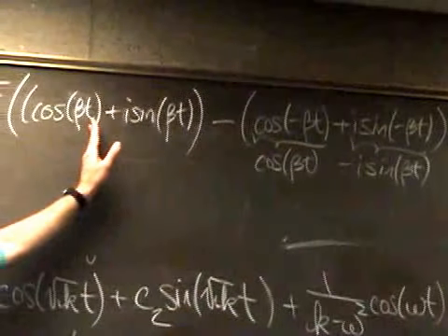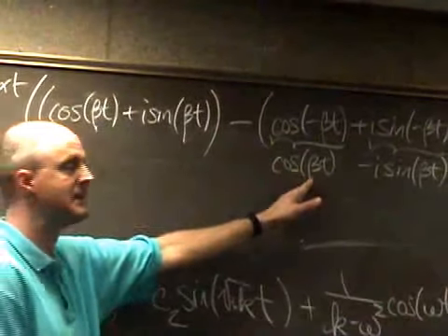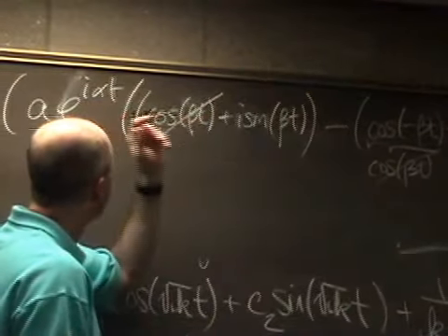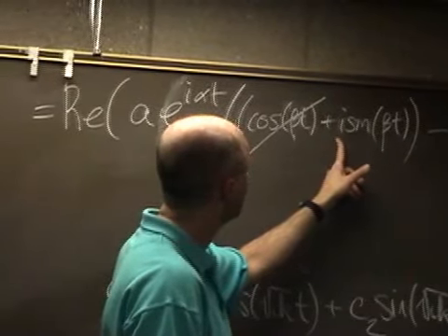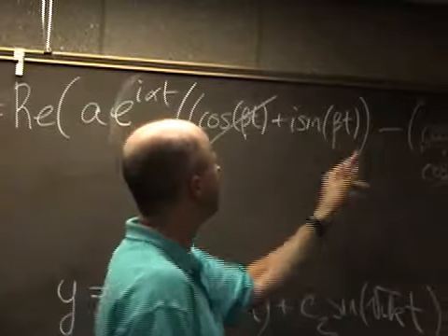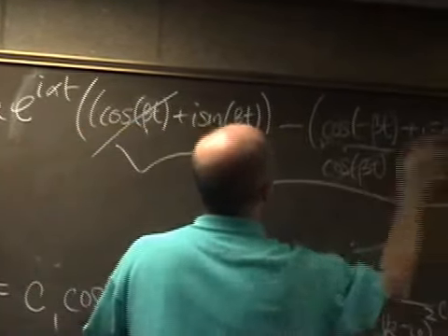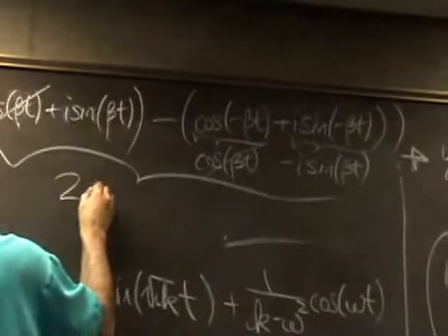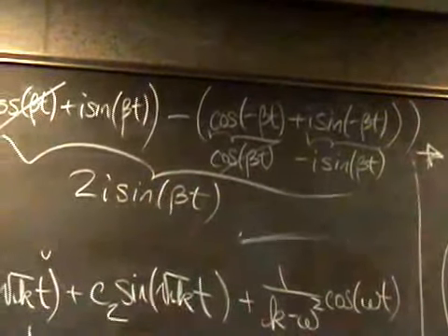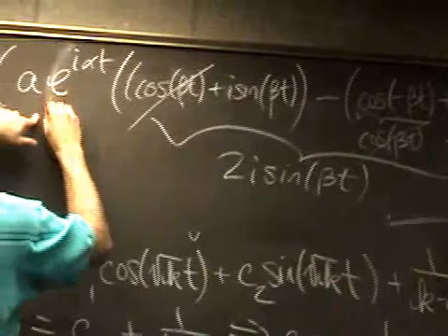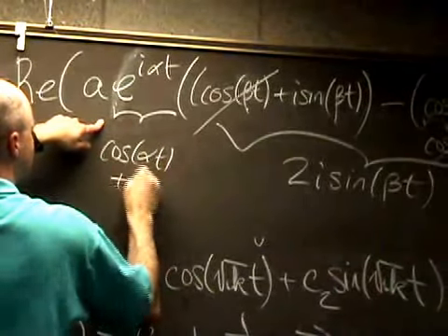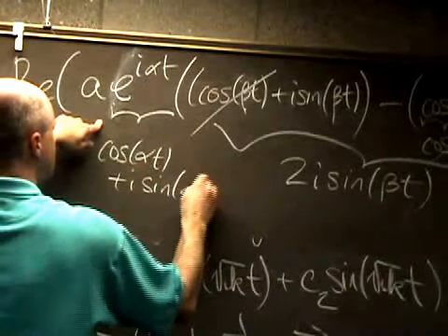The cosine of beta t minus cosine of beta t cancels. This whole thing is going to simplify to plus 2i sine beta t. And now use Euler's formula here. This is cosine alpha t plus i sine alpha t.